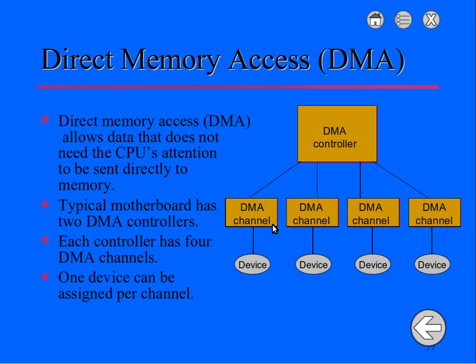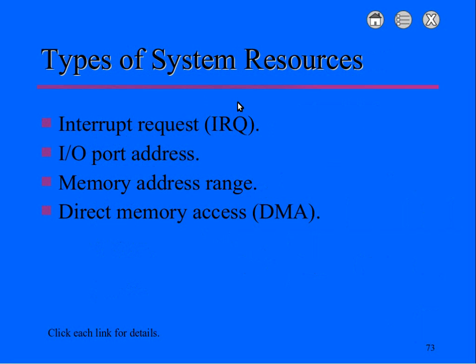So video uses one of them, the hard drive controller uses one, and there's not that many devices out there that require DMA. But there are really just 4 channels, and that's considered a system resource. The DMA channel is the control of the flow of data to and from memory between the device, whatever that is. So these are all considered to be system resources: IRQ, I/O ports, memory address range, and direct memory access.